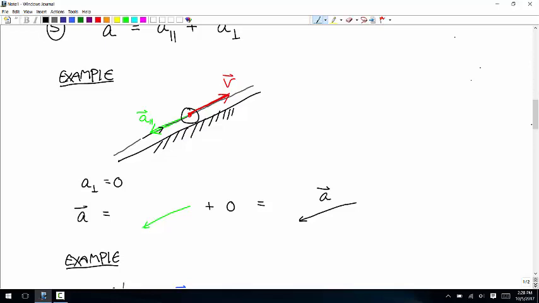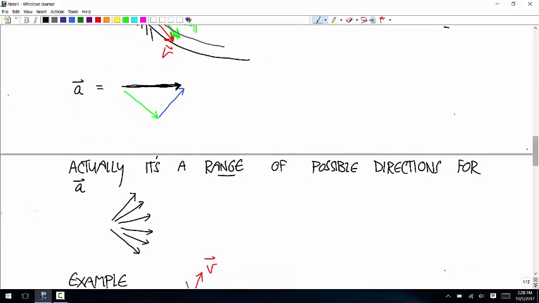We just have one unknown thing, and no matter how long this is, it's still going in that direction. Okay? So in this case, we knew exactly what direction the acceleration is. We don't know the magnitude unless we do a calculation. It's only the ones where it's speeding up or slowing down and turning that you have that range of possible directions. So let's do one more example.